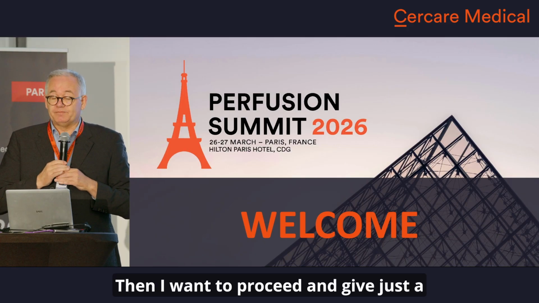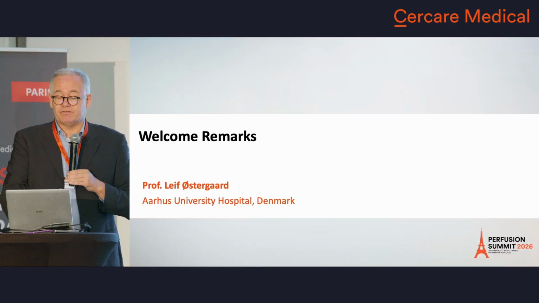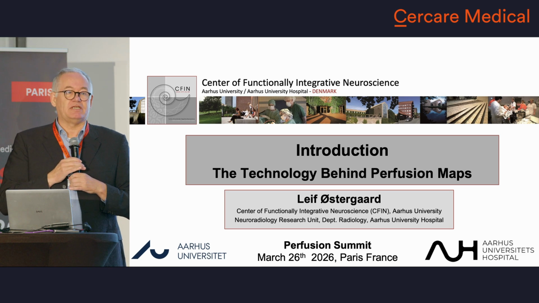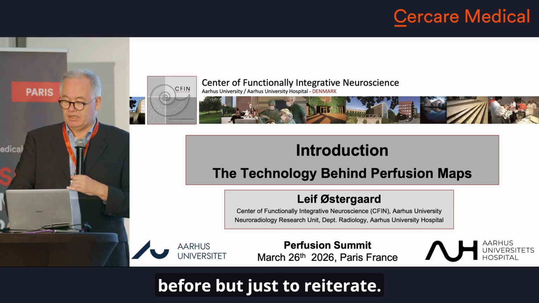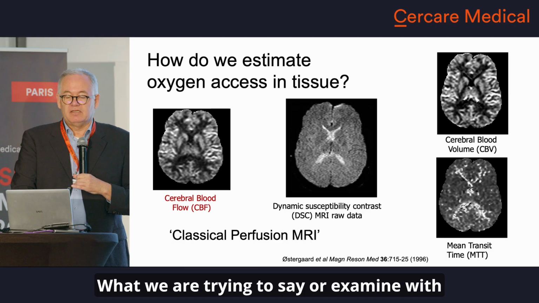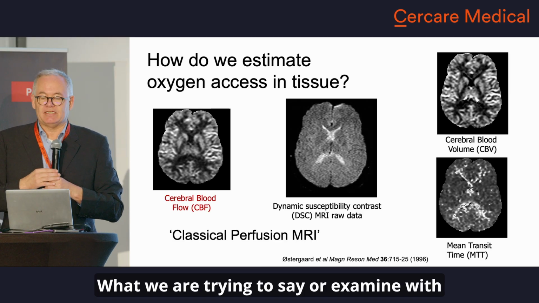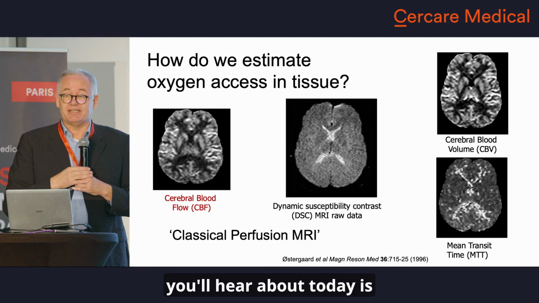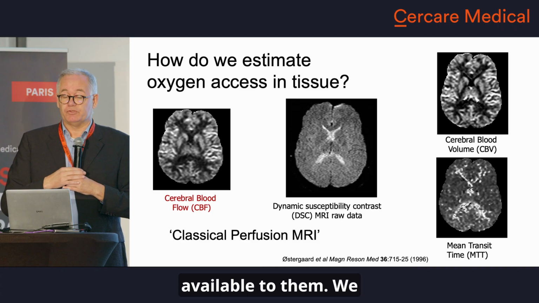Then I want to proceed and give just a few remarks about what you're going to be seeing today. Some of you have been here before, but just to reiterate. What we are trying to examine with these techniques you'll hear about today is how much oxygen cells actually have available to them.